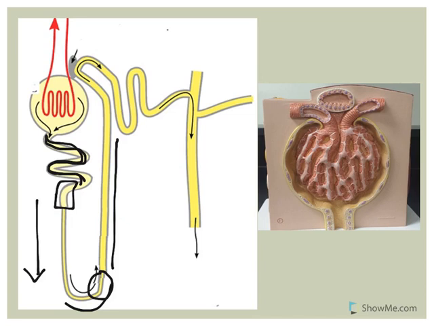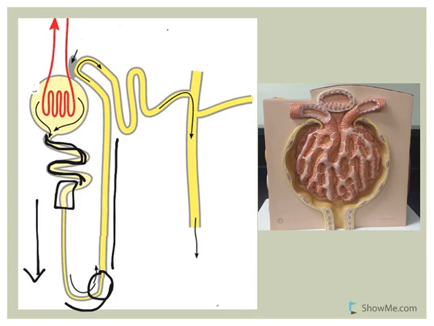The thin ascending limb, not a heck of a lot goes on there. I usually kind of ignore it, but you do have some passive movement of some sodium, some urea, and a little bit of water. Now, the thick ascending limb is very important in that this part of the nephron tubule is impermeable to water.